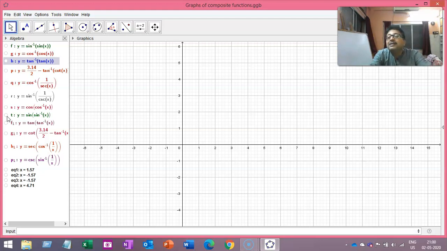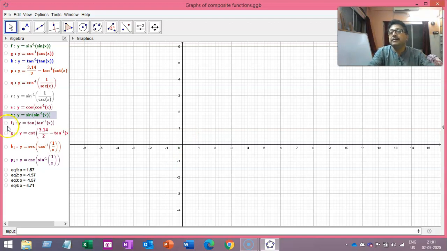But my answer is, it cannot be periodic because sin inverse x has a fixed domain -1 to +1. It cannot go beyond it. See? This graph will never be repeated. So here it is not periodic. Here the domain is -1, 1, but still we are getting the equation as y equal to x.